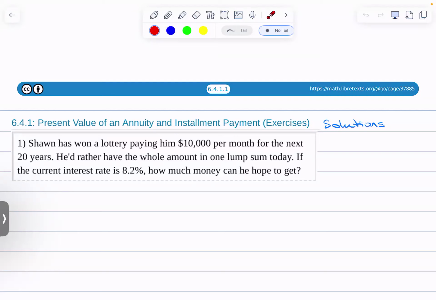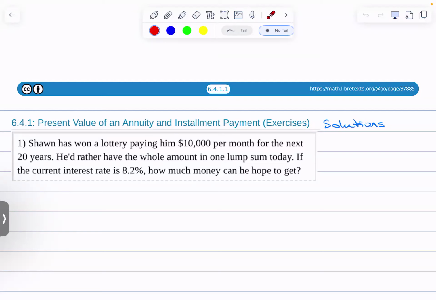This looks familiar, but it's a way better lottery. Sean has won a lottery paying him $10,000 per month for the next 20 years. Cha-ching. You'd rather have the whole amount in one lump sum today. If the current interest rate is 8.2%, how much money can you hope to get?